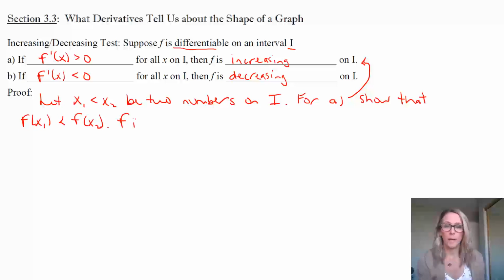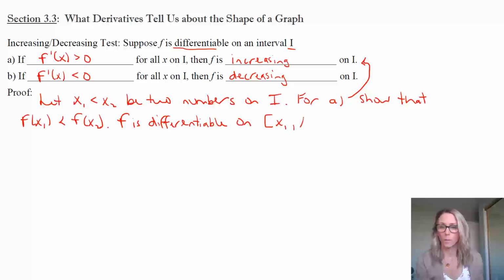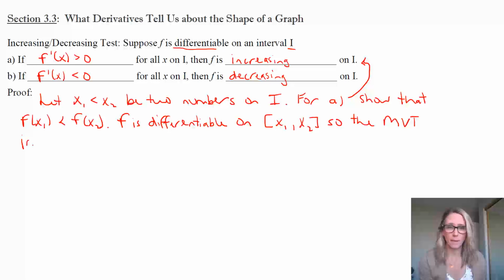We are given that f is differentiable on the interval. We know that. So we're going to bust out the mean value theorem. The mean value theorem, MVT, tells us something.